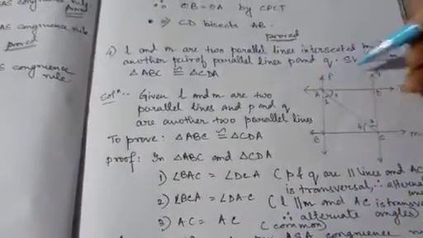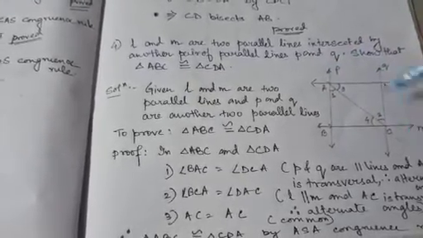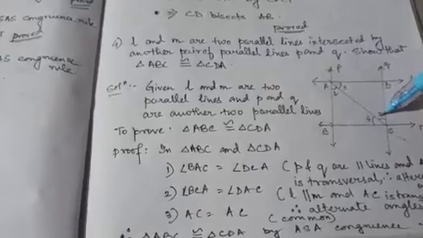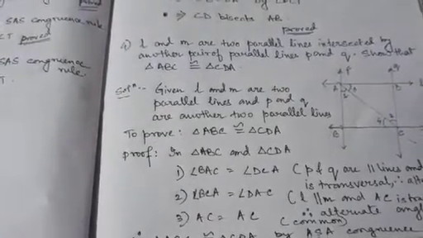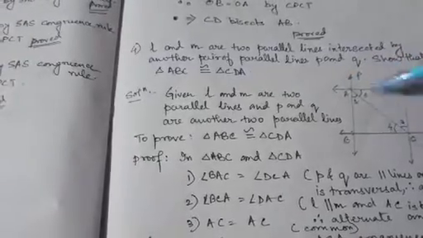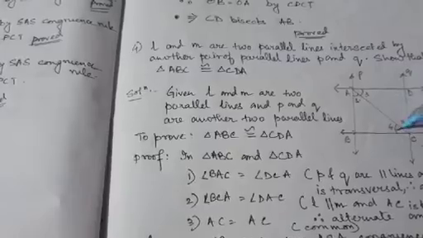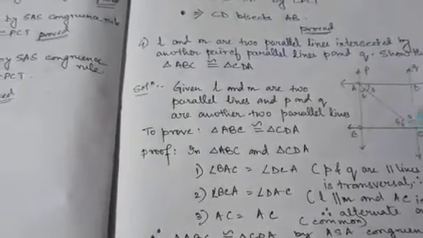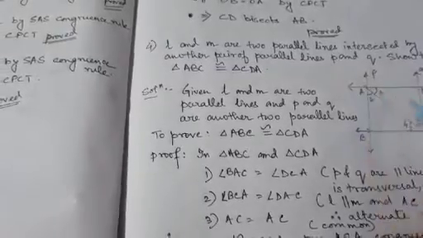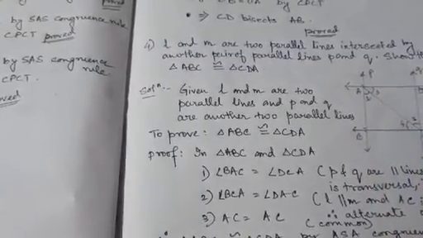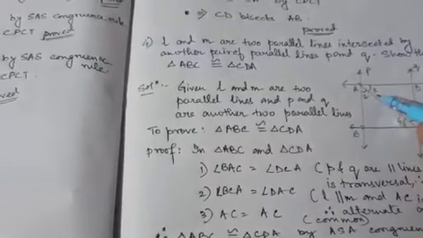So angle 1 and angle 2 are alternate angles. Similarly, L and M are parallel lines. Consider the line AC as transversal. Then angle 3 and angle 4 will be alternate angles. So I have written angle BCA, that is angle 4, is equal to DAC, that is angle 3. The reason is alternate angles.